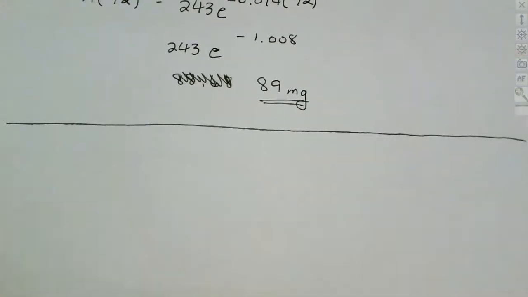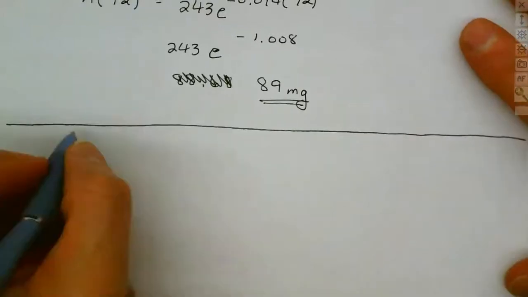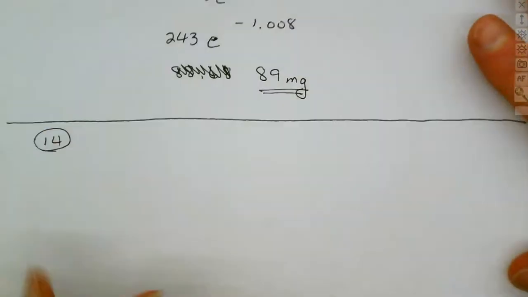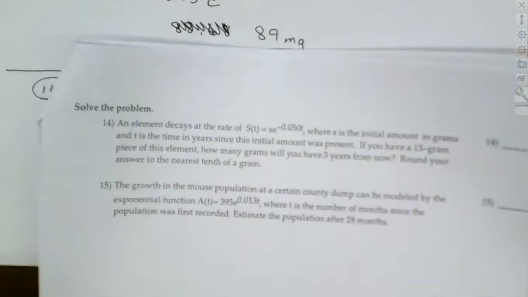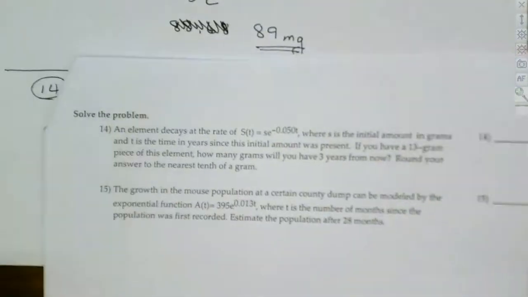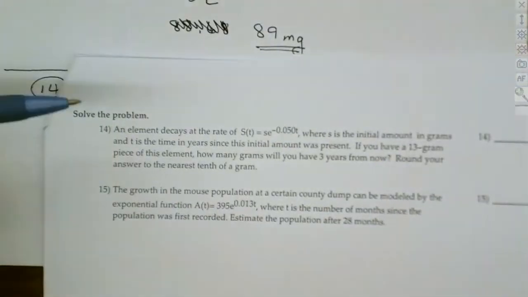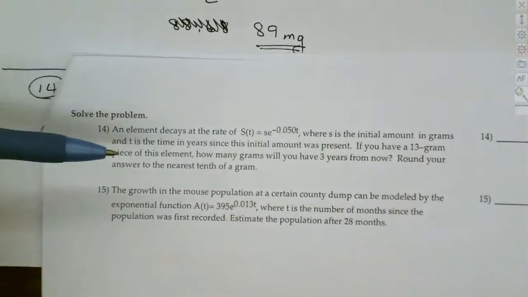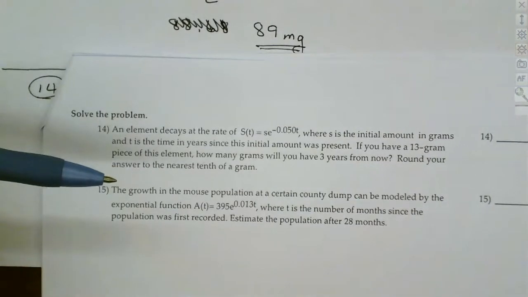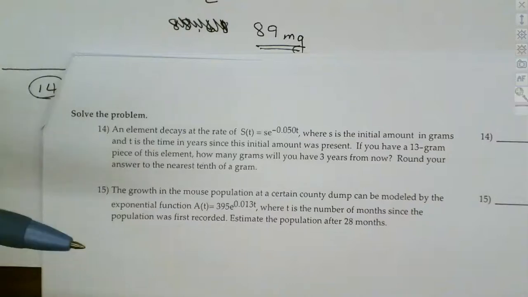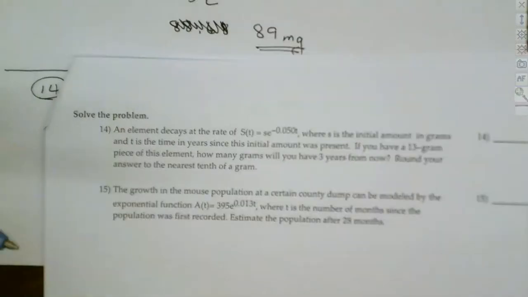And the last one that we asked about was question 14. So question 14. Very, very similar. Exponentials are used for population modeling and radioactive decay. Some other things, but mostly it's population and radioactive decay.